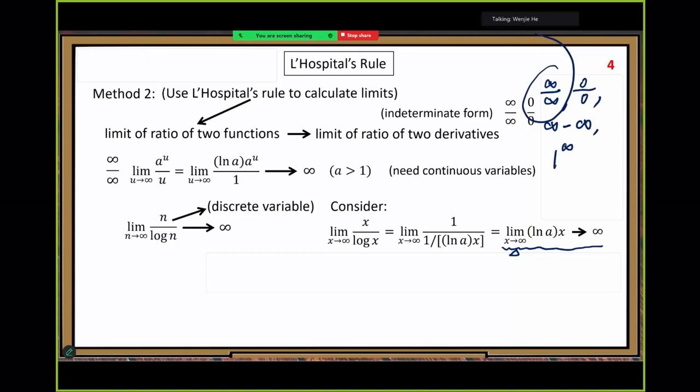So for example, let me give you a few examples here. One way: we take a sequence here, because x goes to infinity, we take a sequence that goes to infinity. 1.1, how about that?